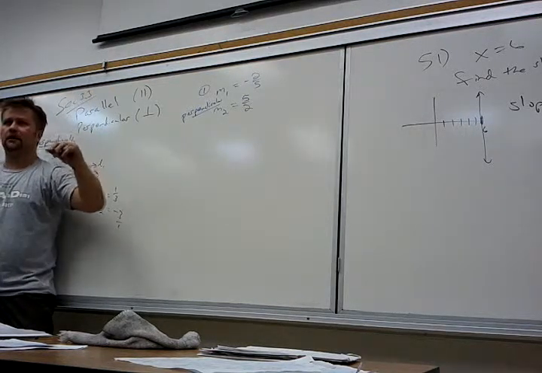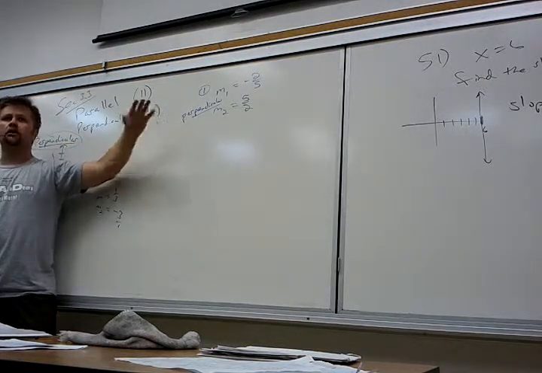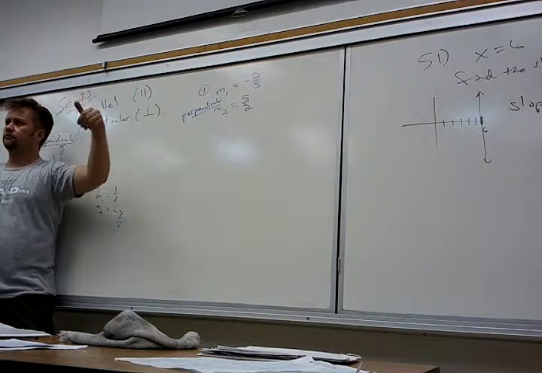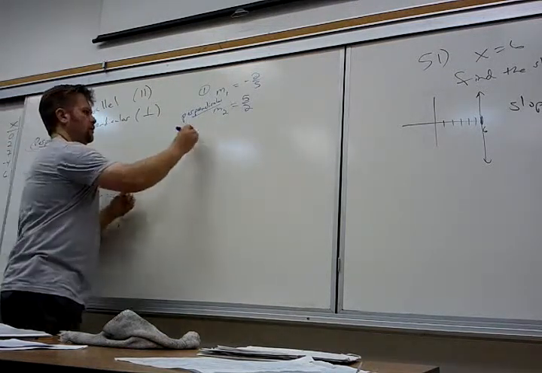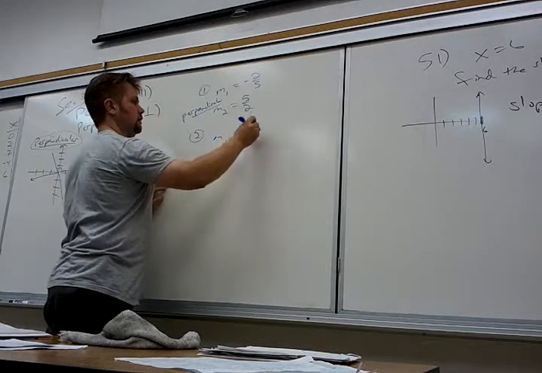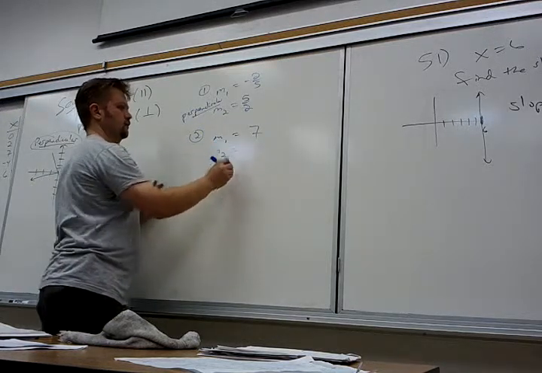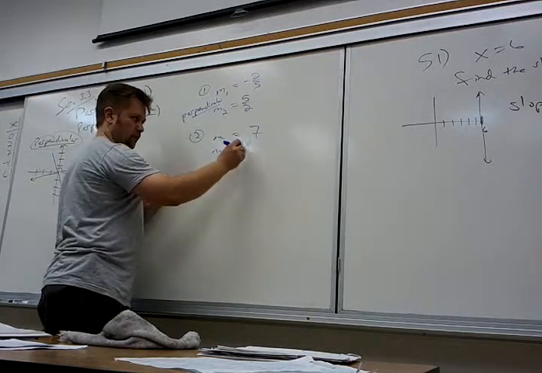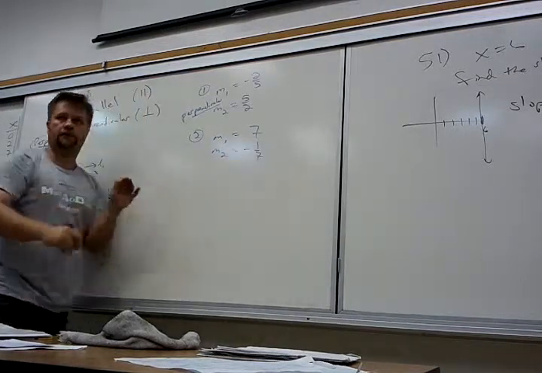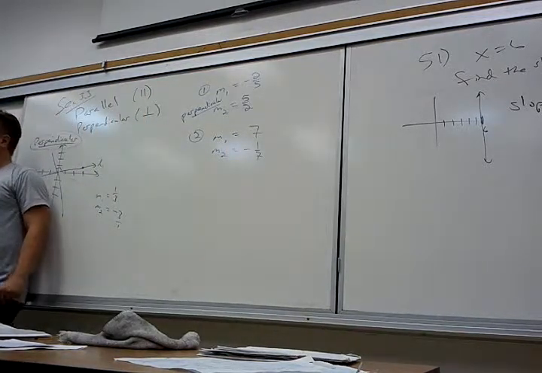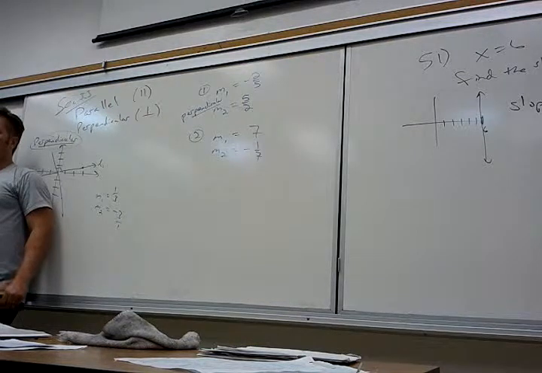It's true, but it's not very helpful. To find the perpendicular slope, just flip it, change the sign. Right? So if one was 7, what's the perpendicular one? Negative 1/7. Good. Change the sign, flip it. -1/7. I love it. Okay, cool.